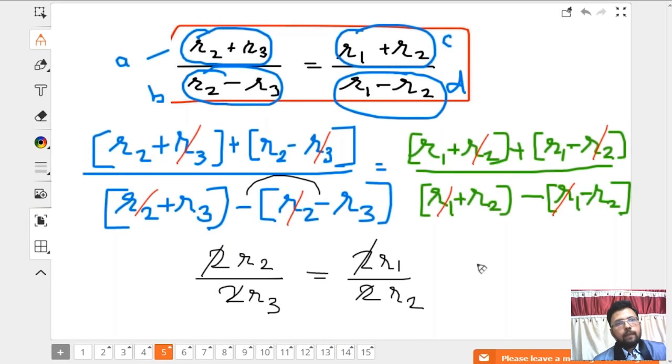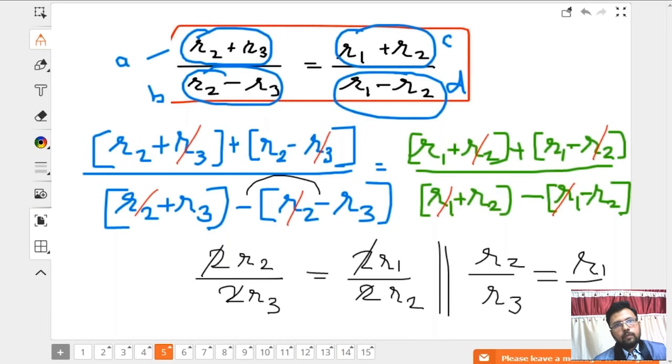So what will you get? R2 by R3 equal to R1 by R2. Now you can cross multiply. What do you get after you cross multiply?